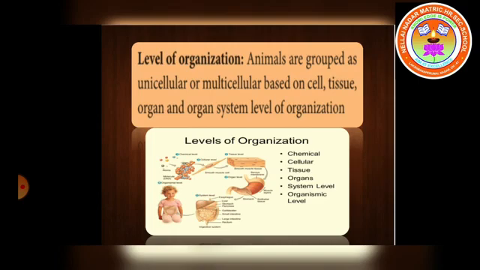So, the cellular level is grouped into tissues, tissues are grouped into organs, and organs are grouped into organ systems, which are grouped into the complete organism. So any organism, whether unicellular or multicellular, is grouped as cellular level, tissue level, organs, organ system and the complete organism.